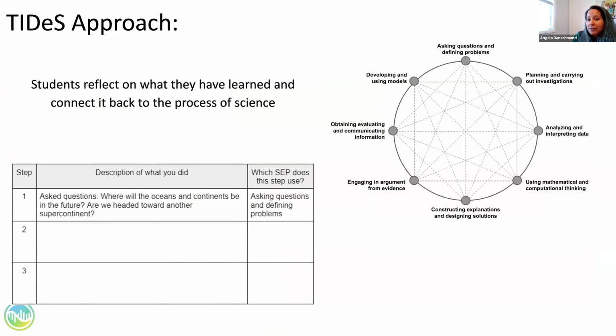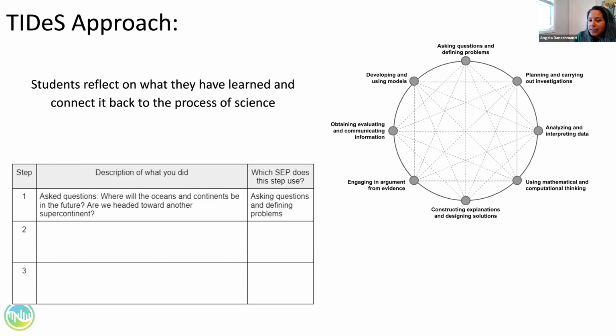So students also reflect on what they've learned and connect it back to the process of science. I mentioned before the science and engineering practices model, and that's the web diagram that you see on the right-hand side, with each of those science and engineering practices listed around there. You can see that you can take multiple pathways. It just depends on what you're doing and what you're trying to accomplish.